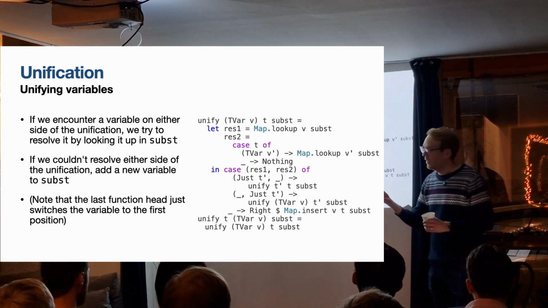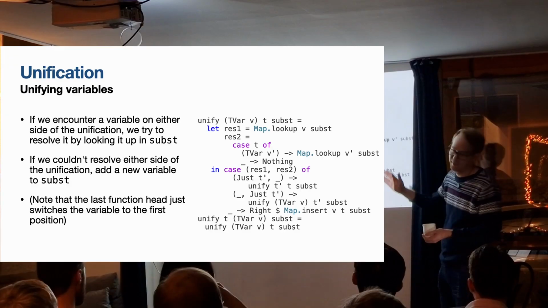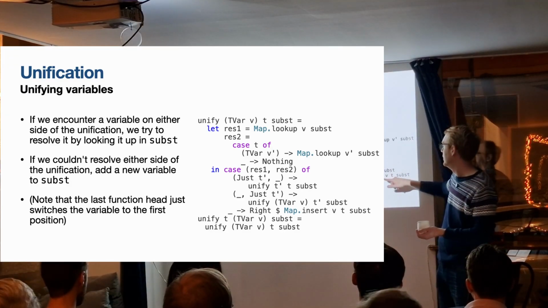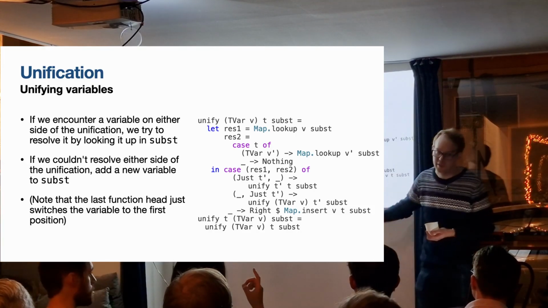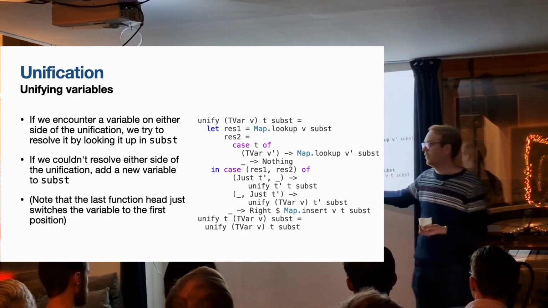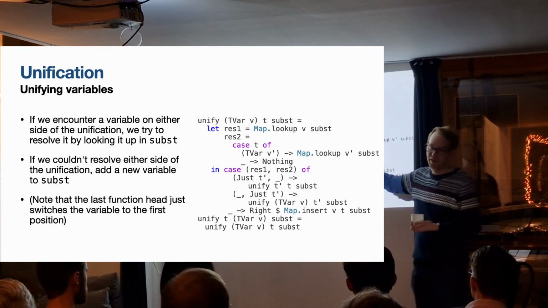And the final thing is: what if we hadn't seen this variable before? Then we save it to the substitution map. So basically, the first time we see a variable, we save it, but if we see it again, we fetch the type that we found the last time.